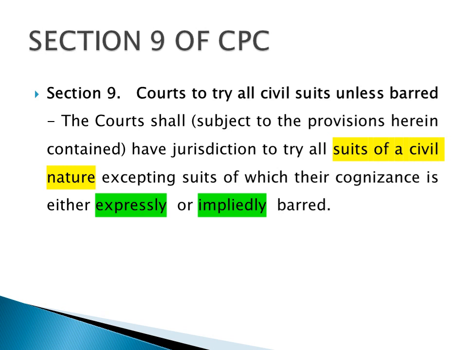Here, the courts means civil courts, and the civil courts are only competent to try suits of civil nature. So, according to Section 9, the civil courts are incompetent to try a suit when the suit is not of civil nature and when the cognizance of such suit is expressly or impliedly barred.